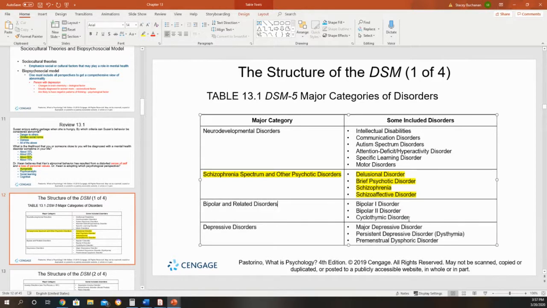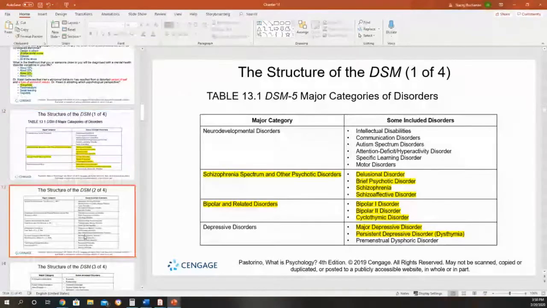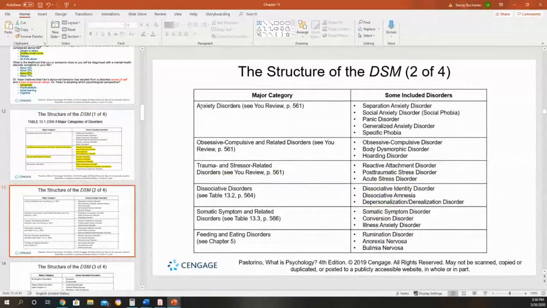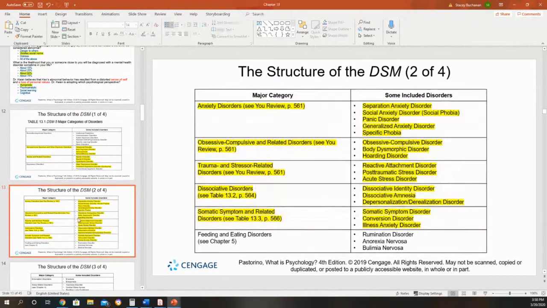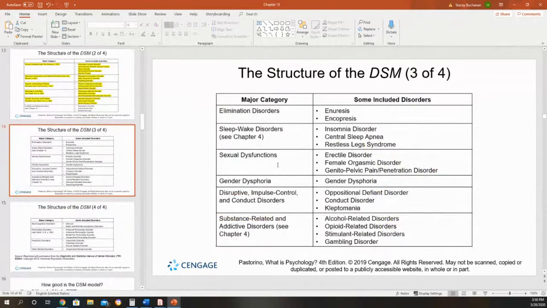We're only going to talk about these. I'm not going to talk about premenstrual disorder. Yes, all the anxiety disorders, and then we're going to hit on all these.